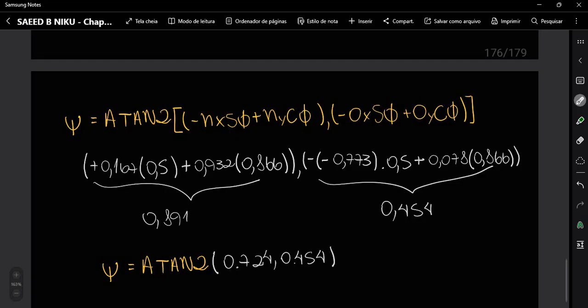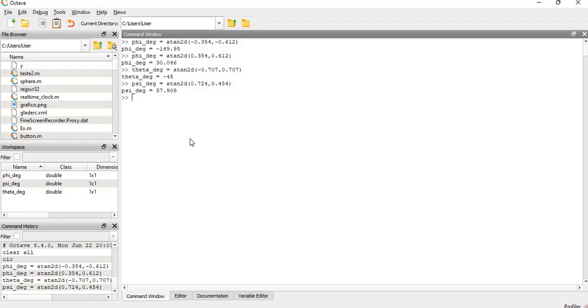Okay, so let's try again. And now it's correct. Approximately 63 degrees.